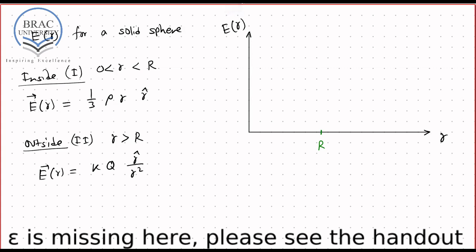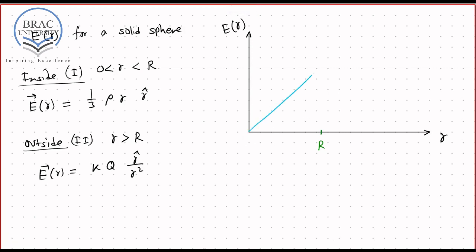So inside the sphere, the electric field increases linearly with the increase of small r, and outside the sphere it follows the inverse square law like this, which is 1 over r squared, and this is just r. So that's how the electric field behaves inside and outside the sphere. The maximum magnitude of the electric field is at the surface of the solid sphere, radius big R.